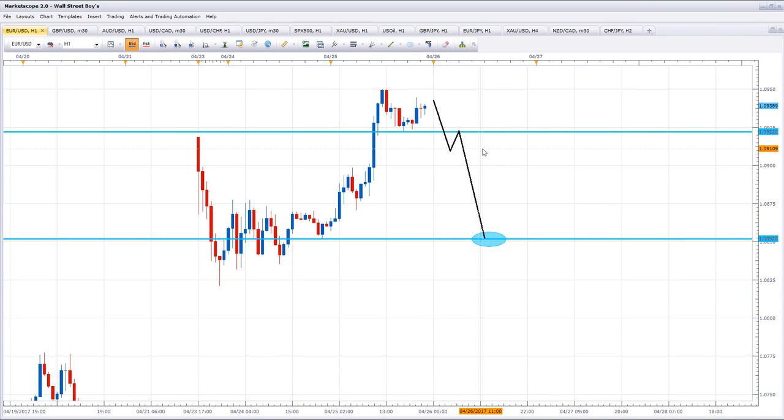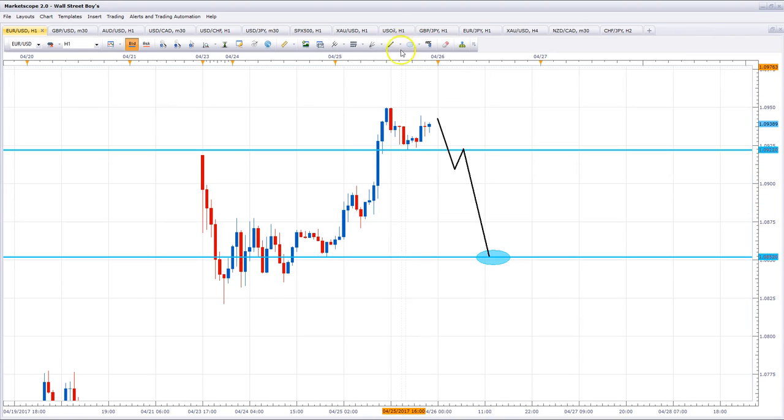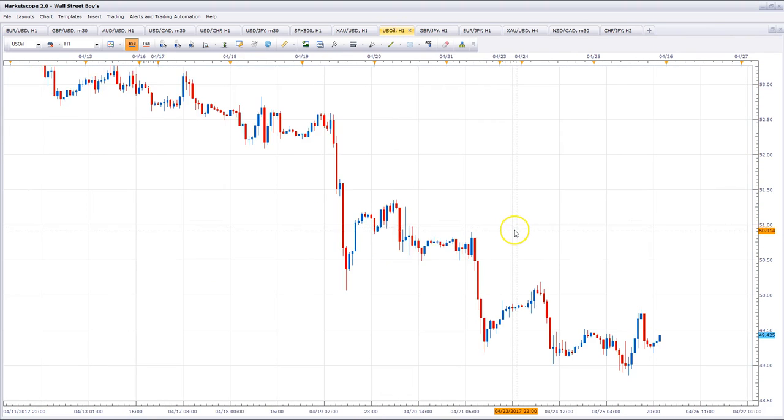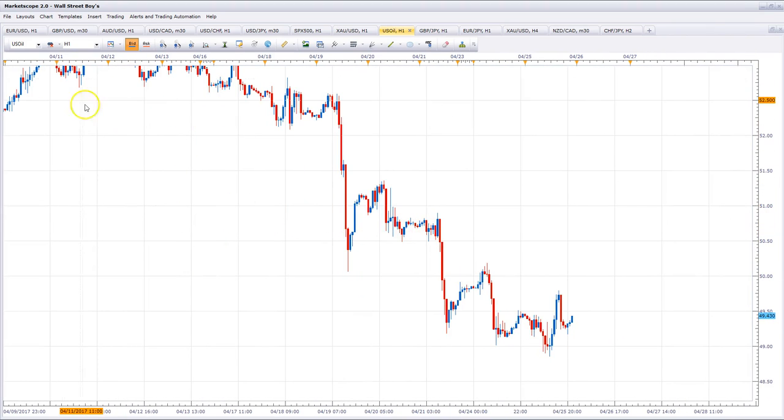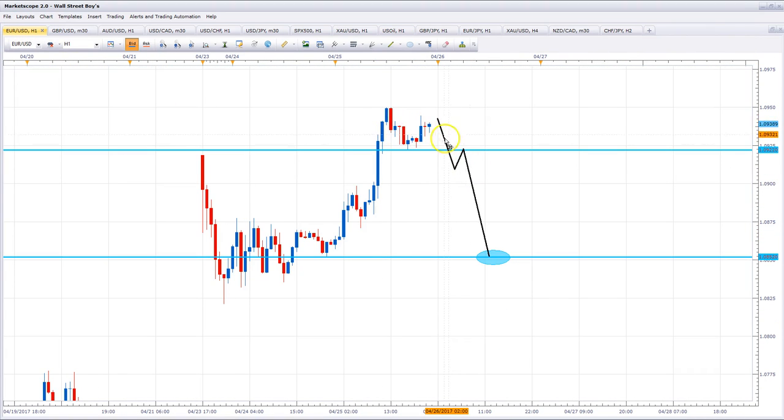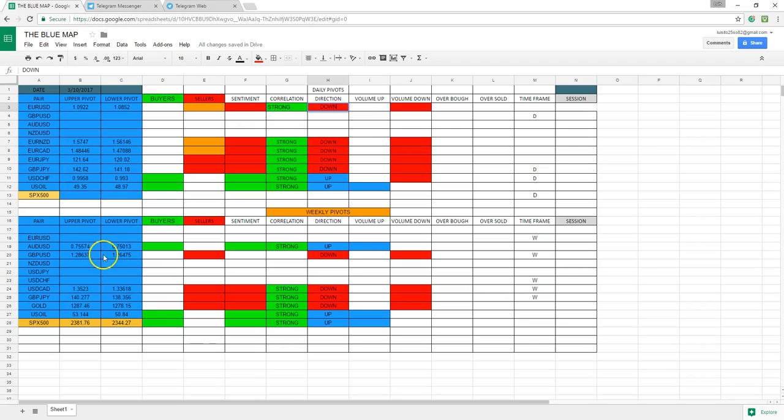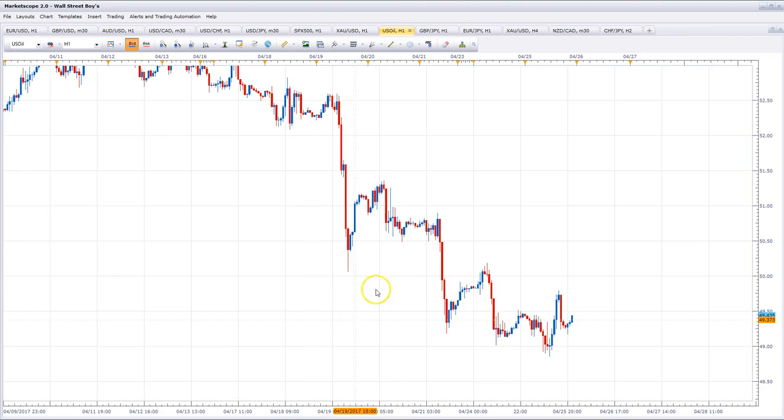Okay, so I'm going to go to the US oil, and we're going to do the opposite. Here we're going to be looking for a buy. Upper and lower pivot: we have some buyers on green, with the sentiment on green, the correlation strong, and the final direction up with volume up, which means buyers.